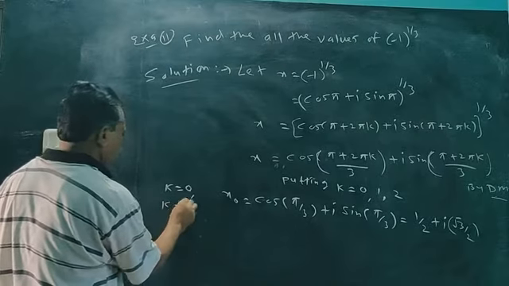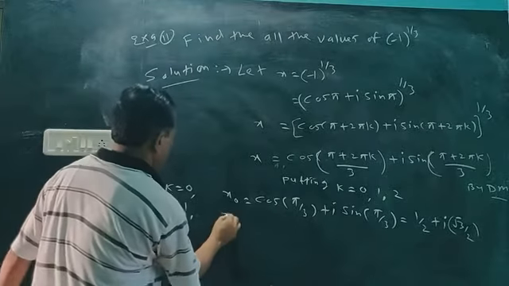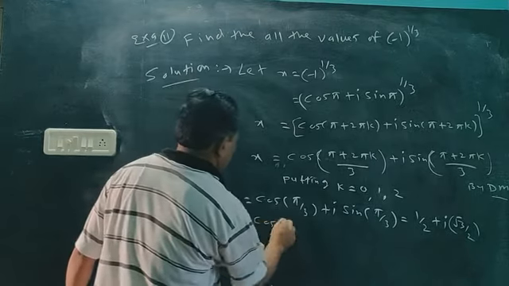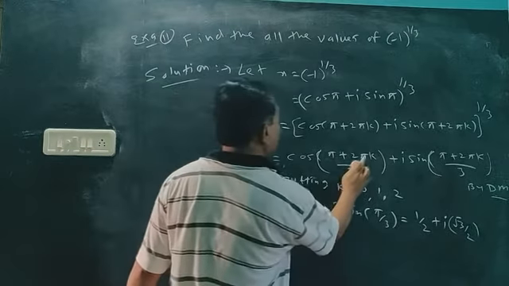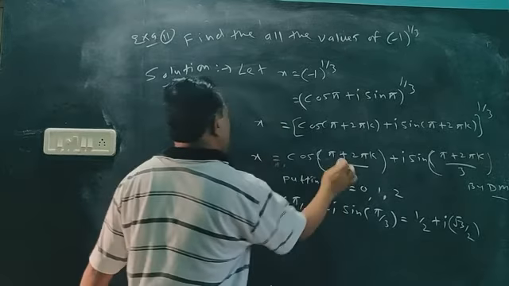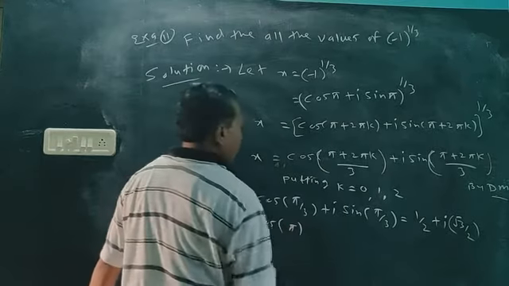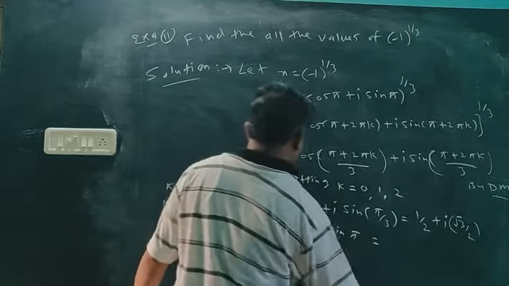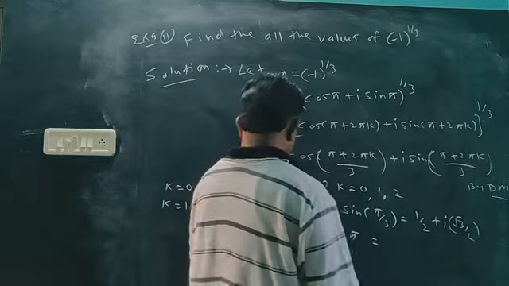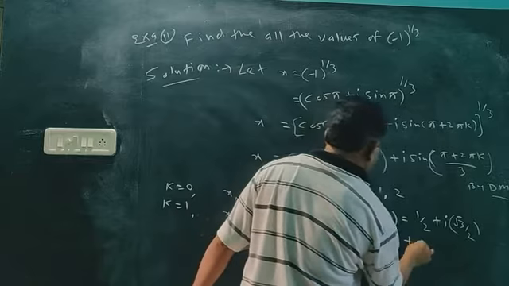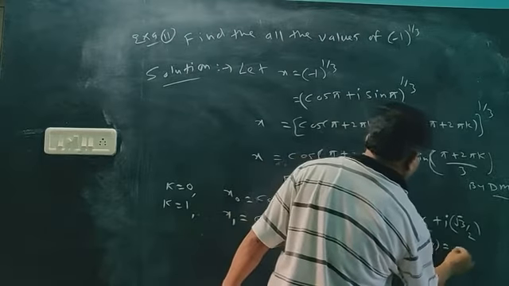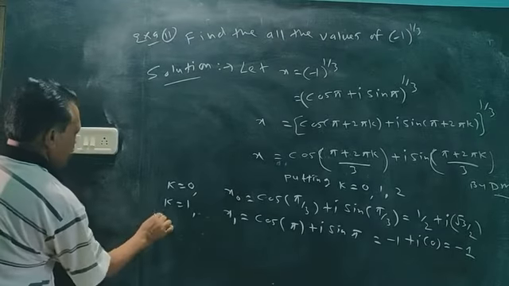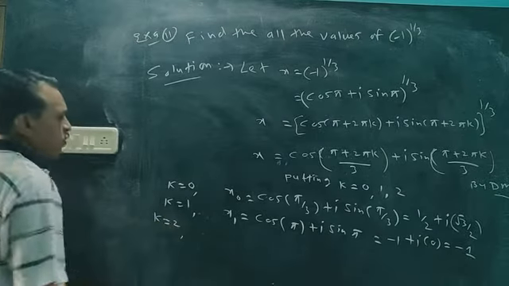Next, k equals to 1, say x1: cos of 2 pi plus pi upon 3, that is 3 pi by 3, the 3 cancels, so cos pi plus I sin pi. Cos pi is minus 1, sin pi is 0, so minus 1.